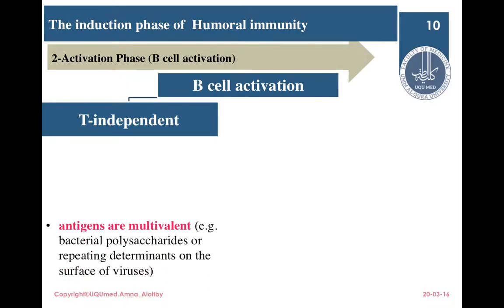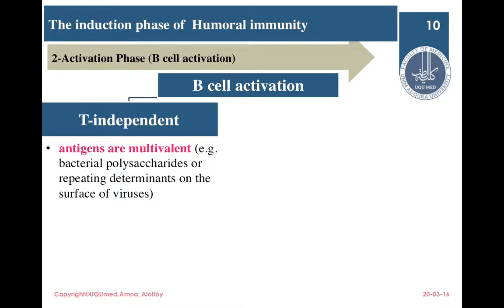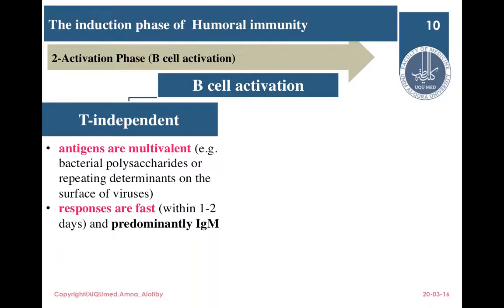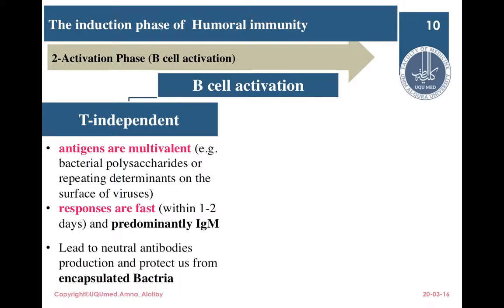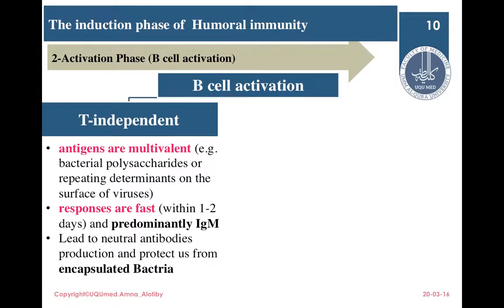In the T-independent response, antigens are multivalent. Examples are bacterial polysaccharides or repeating determinants on the surface of viruses, and responses are fast. One to two days are needed for these responses, and IgM is predominantly produced. This leads to neutral antibody production, and they protect us from encapsulated bacteria.